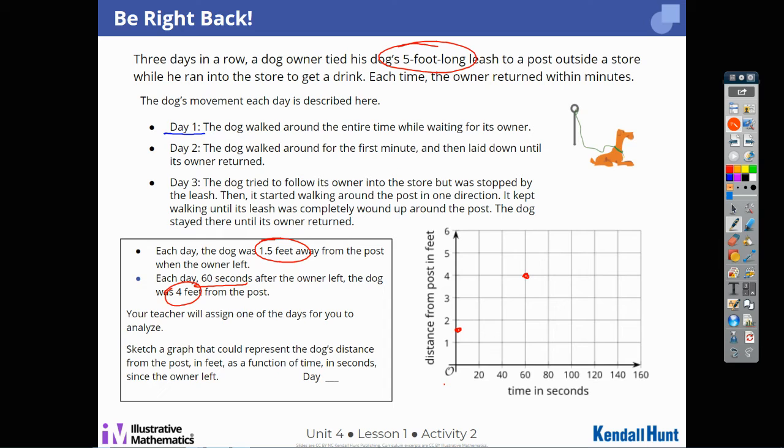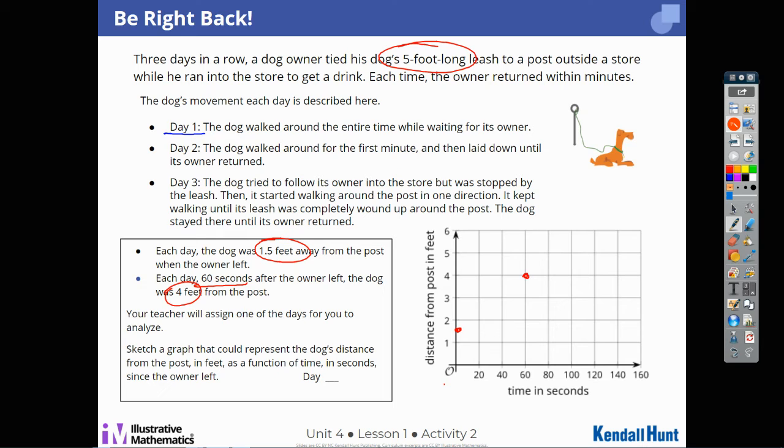So we know that at the red point is where the dog was at those specific moments in time, but we don't know anywhere else the dog went. So can the dog be at 2 places, like 2 distances away from the post at any given time? Of course not. He can't be 2 places at once.